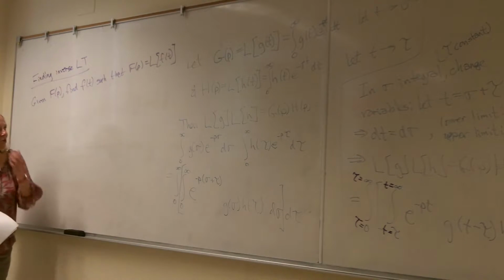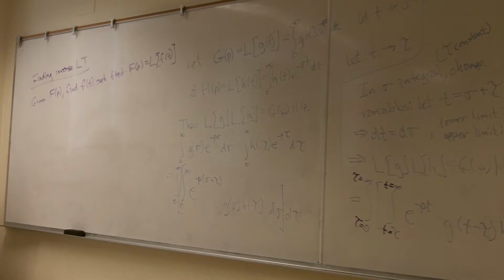Right? But as I told you when we first talked about Laplace transforms, there really isn't a similar integral you can do to go in the opposite direction. Right? Unlike the case for Fourier transforms, where we do have an integral we can do to find an inverse Fourier transform, we can't do that so simply for Laplace transforms. So up until now, our usual way of finding inverse Laplace transforms has been to look in that table, right?